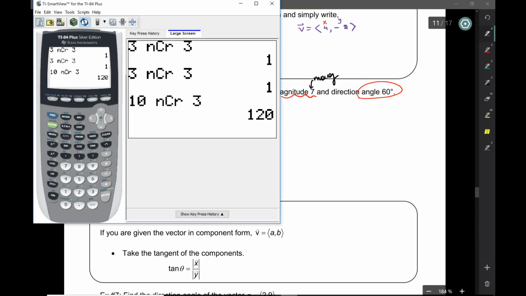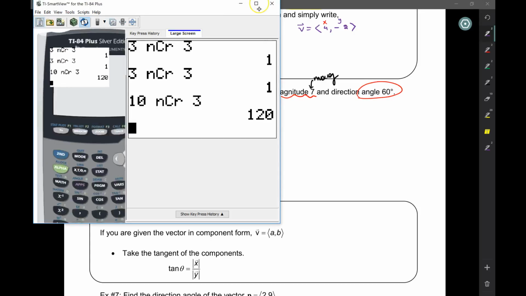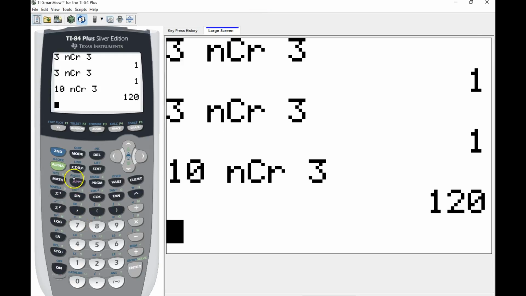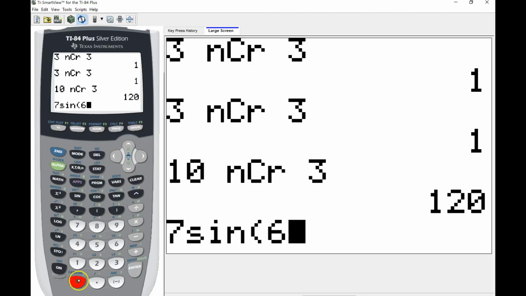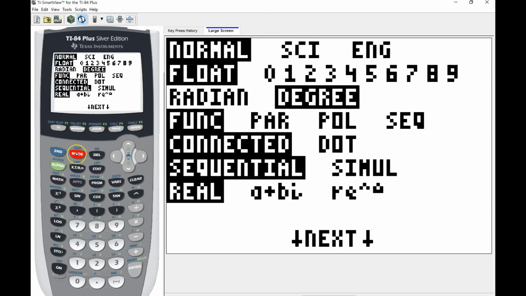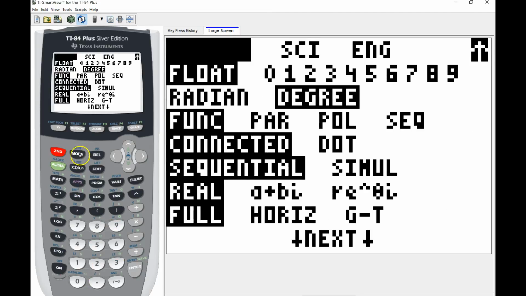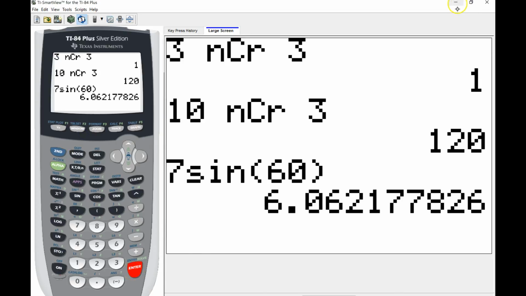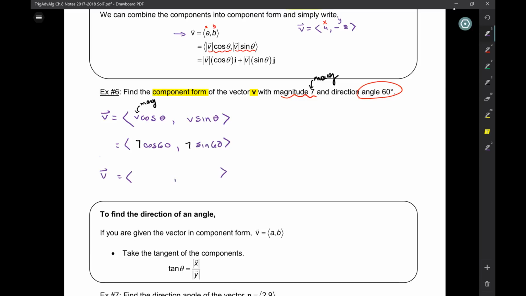All right, so here, 7 sine 60. And you have to make sure that you're in degree mode for these. So it's 6.06. We can go to 1 decimal place, that's fine. So this is going to be 3.5 and 6.1.